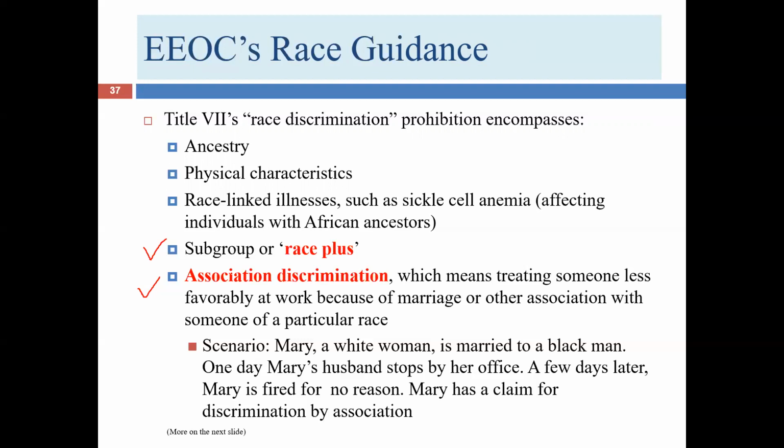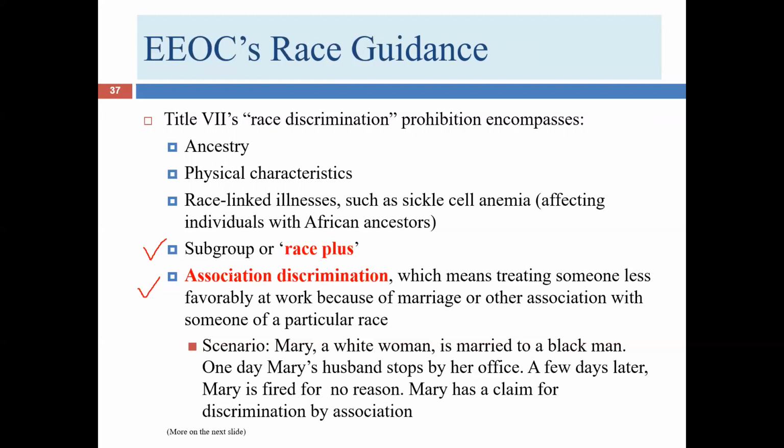Maybe it's a roommate situation, or maybe the person has adopted a child of a different race. And so while the person you are discriminating against may be of your same race, you are discriminating because of that relationship that person has with the person of another race.